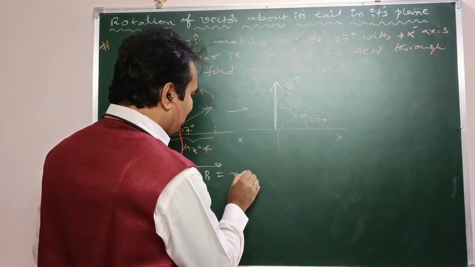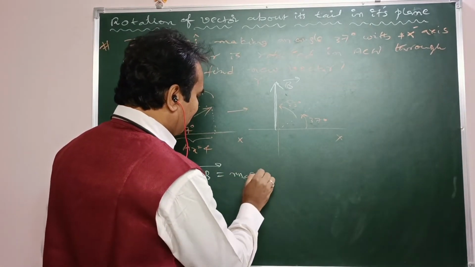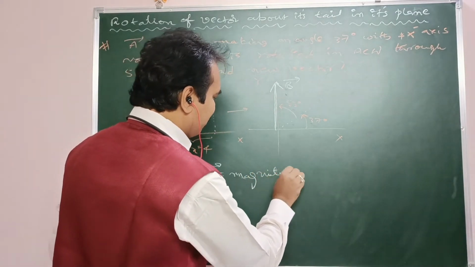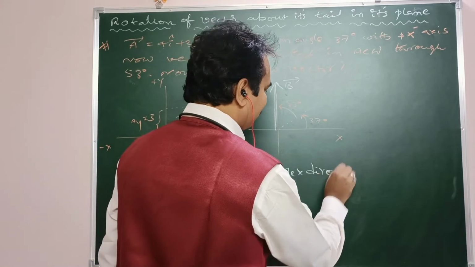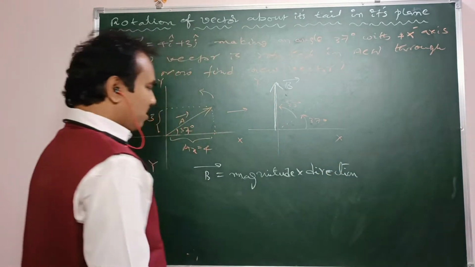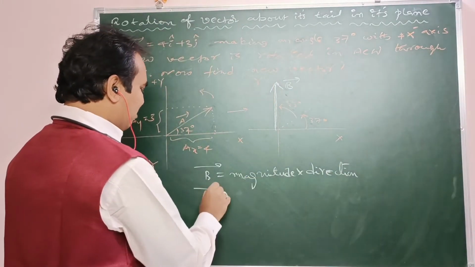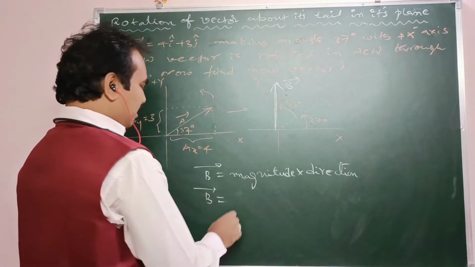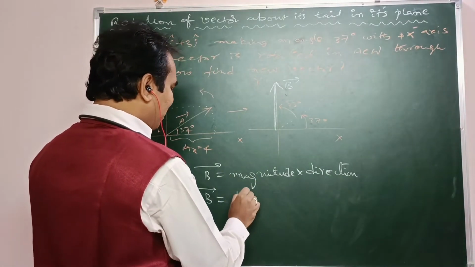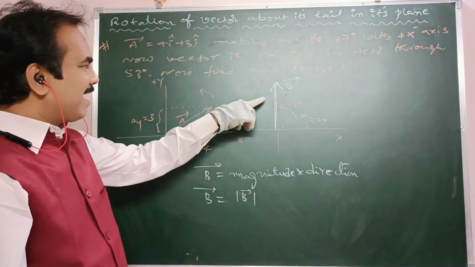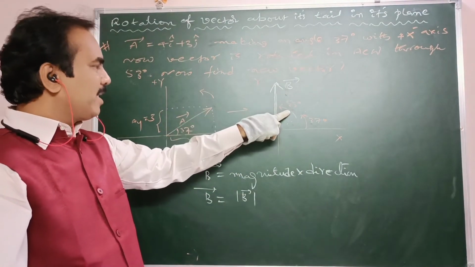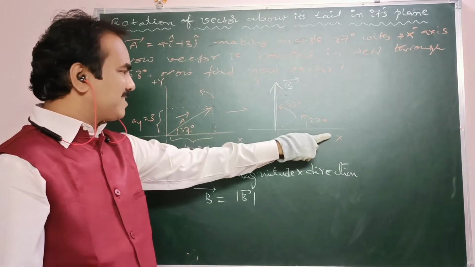So b bar equals mod b bar into direction. Assign the direction of b bar with this rotation with respect to x-axis.